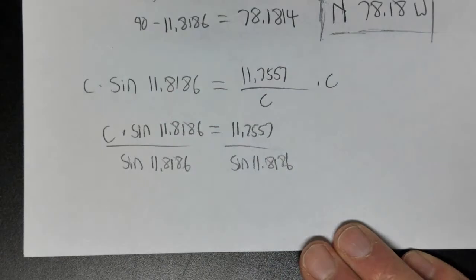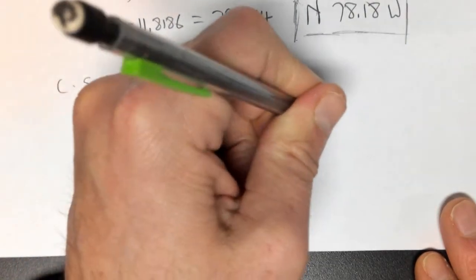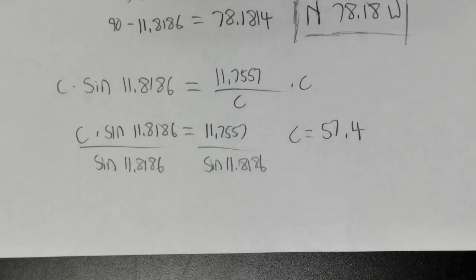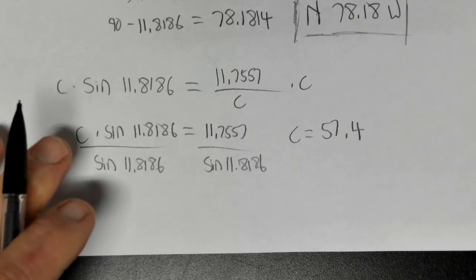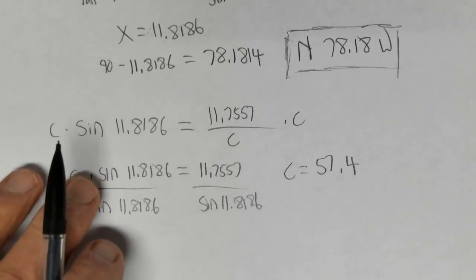Plug that into the calculator, and you'll find that C is equal to 57.4. So that's how many miles it is away from the port. Those are the techniques that you will use to finish the quiz that's waiting for you.